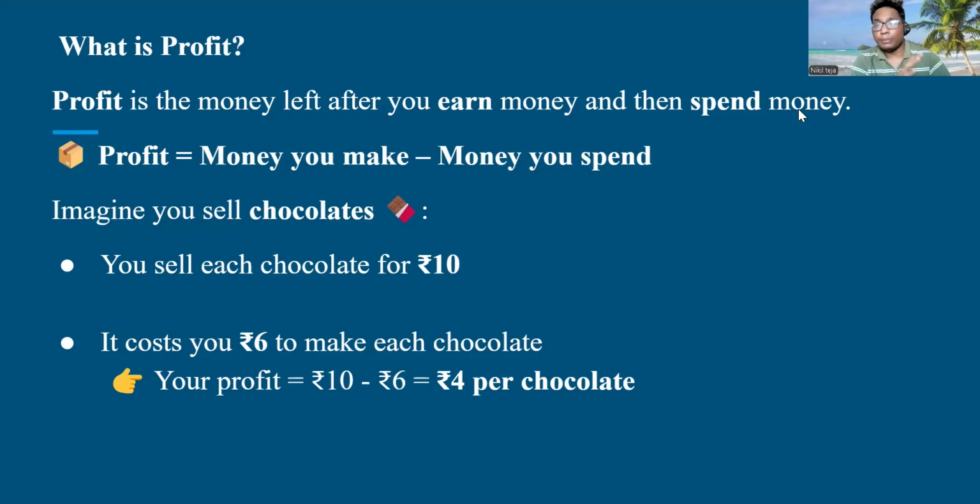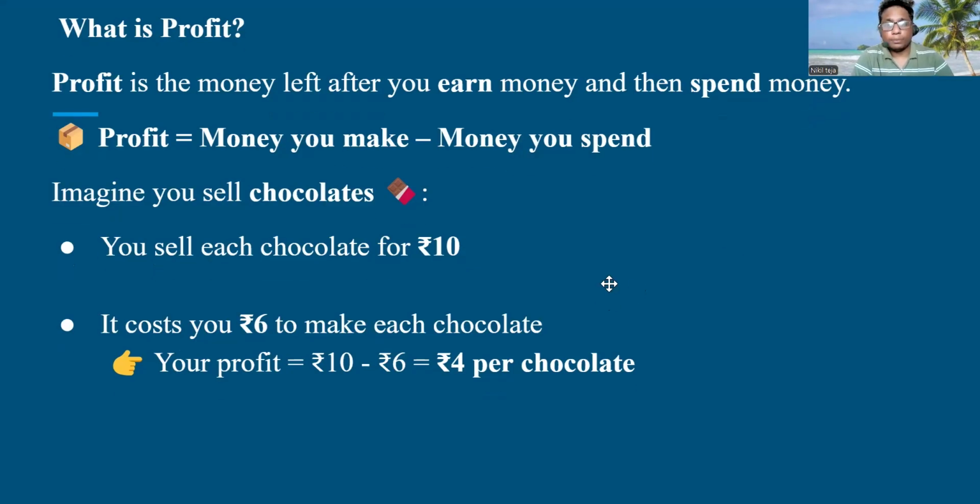So revenue is 10 rupees and the cost is 6 rupees. The profit will be revenue minus cost, that is 10 minus 6, which is equal to 4 rupees. That is your profit, right? So this is about profit, guys.